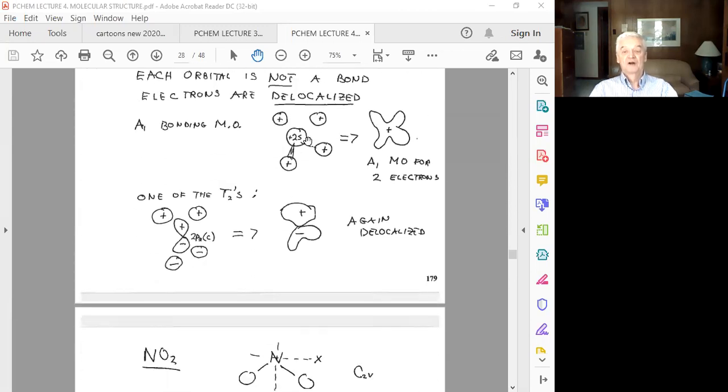So I didn't draw them all out, but here's a picture of one of the T2 orbitals. There are 3 of these bonding orbitals. One is if we take the 2pz orbital pointing up, so the plus sign on the p orbital is up, the minus wave function is down.